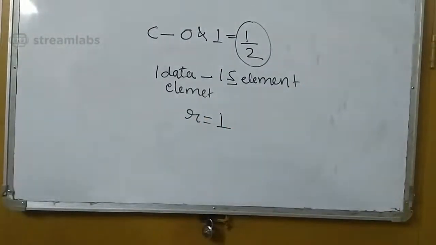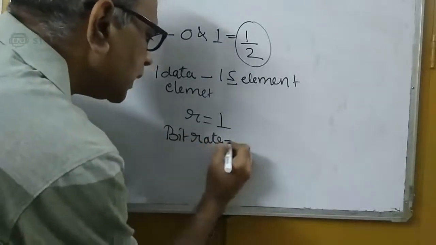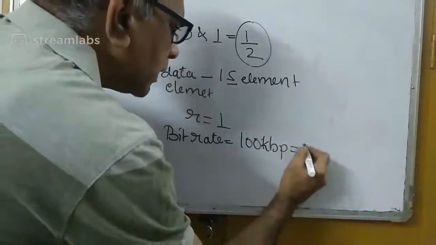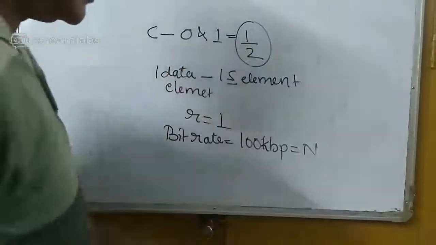So two quantities I have obtained. Then, the bit rate is 100 kbps. He is talking regarding bit rate, so this is nothing but your N. What is the baud rate if C is between these values?